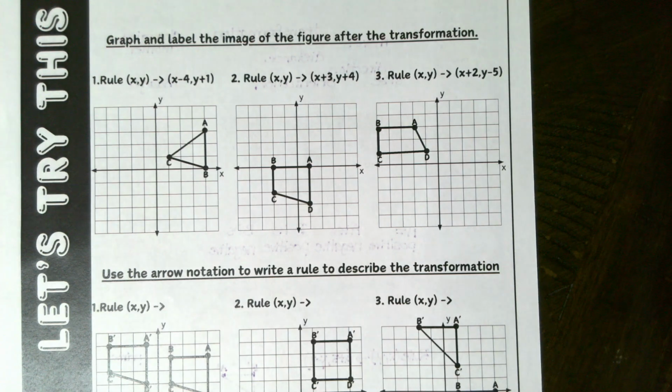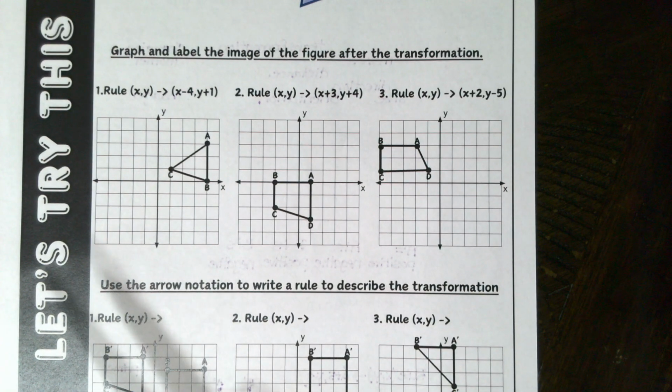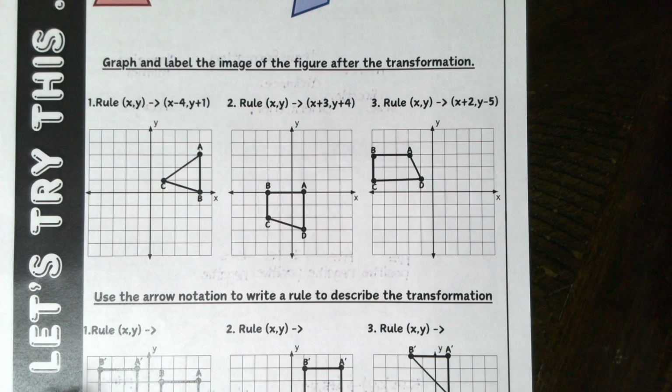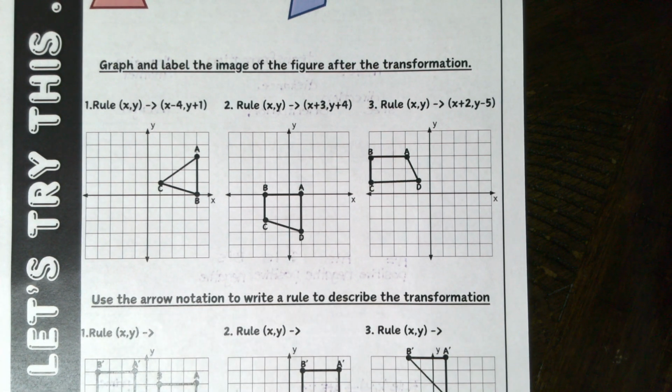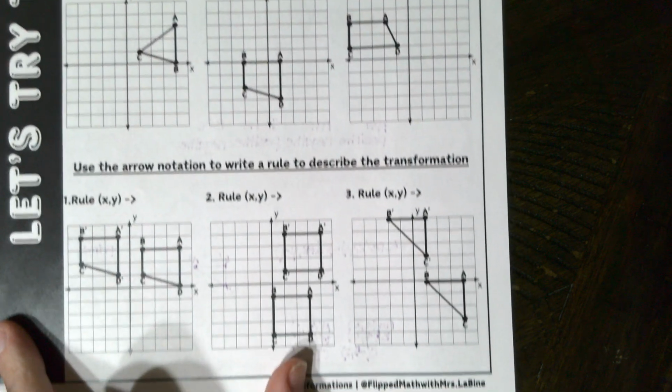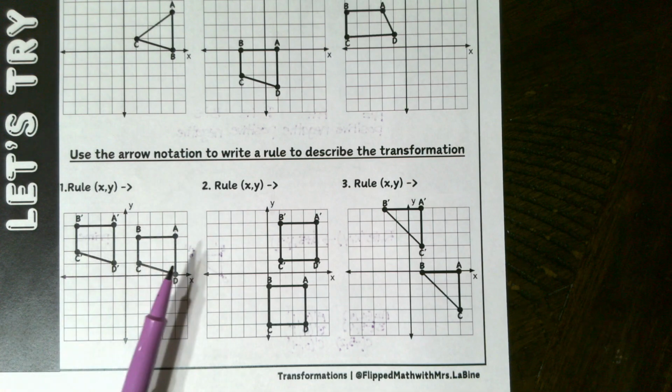So you're going to try to see if you can graph and label the image of the figure after the transformation. So make sure that you plot each of the points and don't forget to put the prime symbol for your image. Do that for all 3 of these. And then this one already has the images.